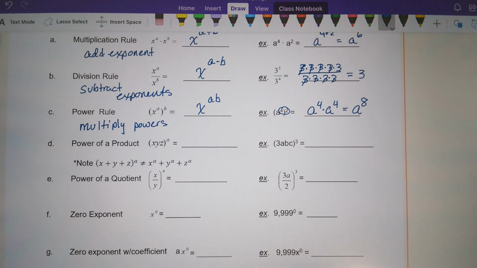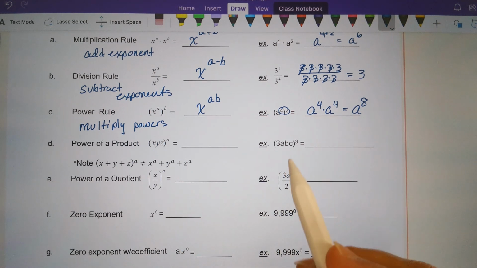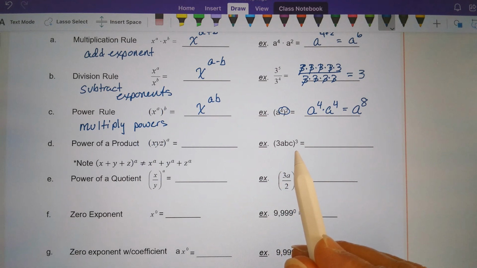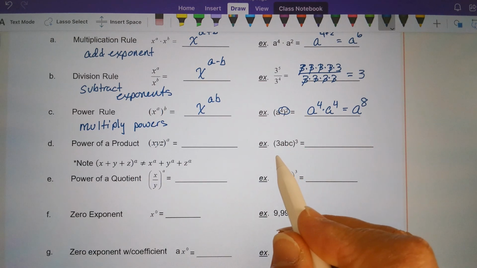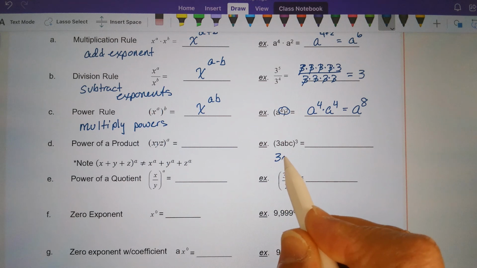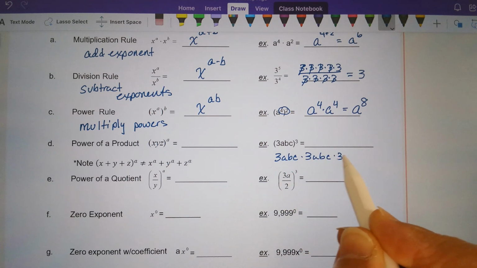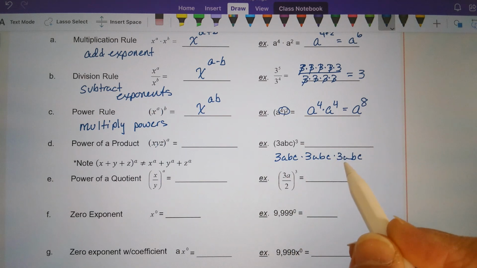Next, we have a product raised to a power, meaning we have this example 3 times a times b times c, all raised to the power of 3. Again, we could write that out, 3abc times 3abc times 3abc, and then we'll simply get 3 times 3 times 3 is 27.